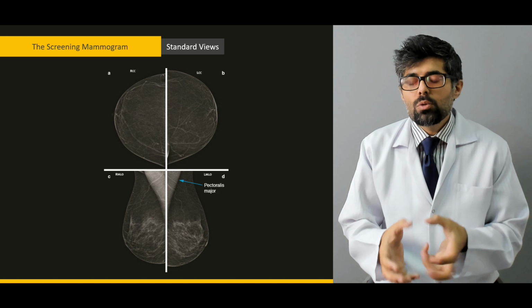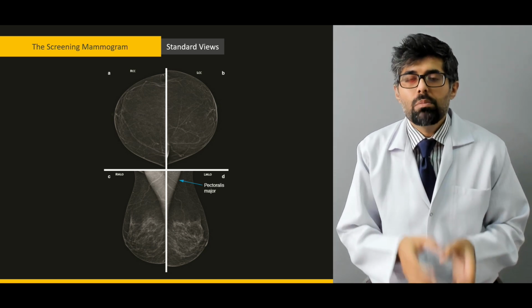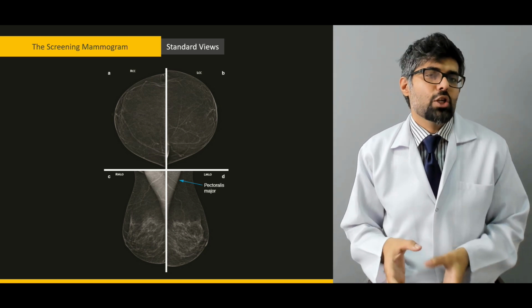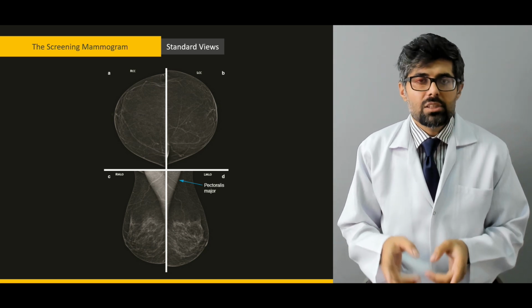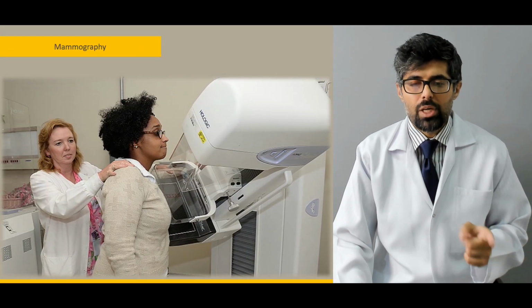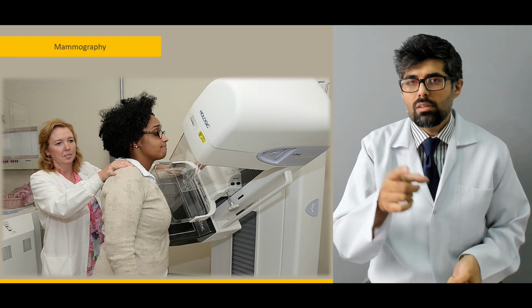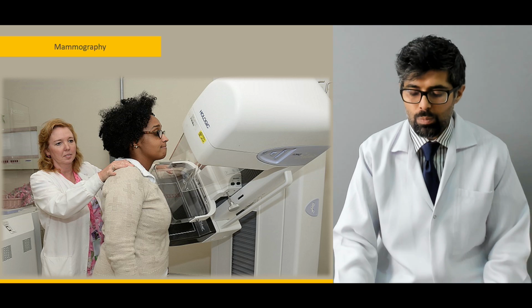Now, the other projection that is also used is called the mediolateral oblique view. This is a very special view that is only used in mammography, and this is the view that was being done in the last picture. As you can see, both the detector and the source of the X-ray are in an oblique position.